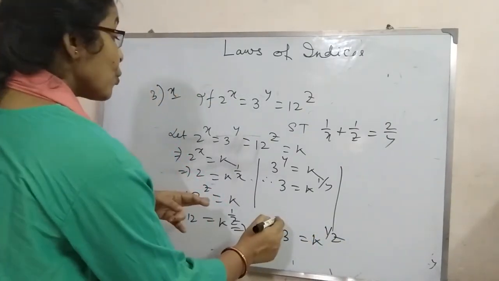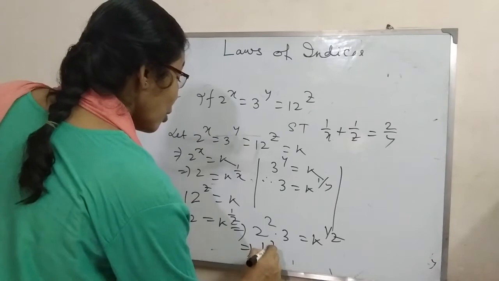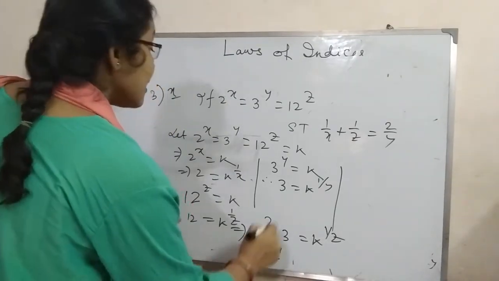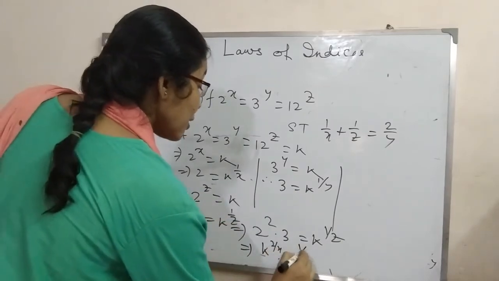For 2, I can write k to the power 1 by x, so for 2 square k to the power 2 by x. For 3, I can write k to the power 1 by y.